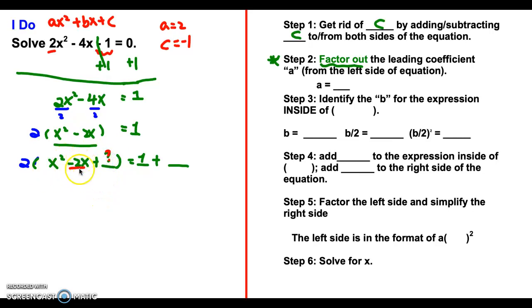So you need to look at our b. This is a new b, okay? See, this is not from here. No, because we already factored out 2. So the new b is -2.